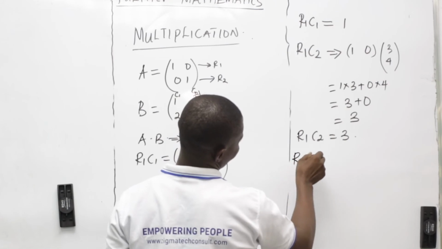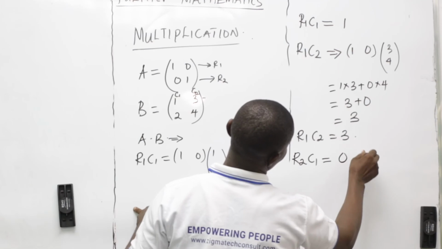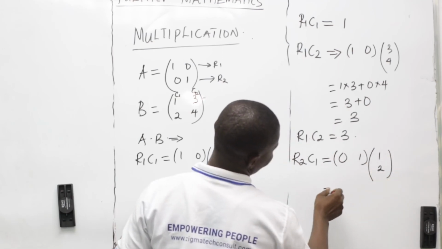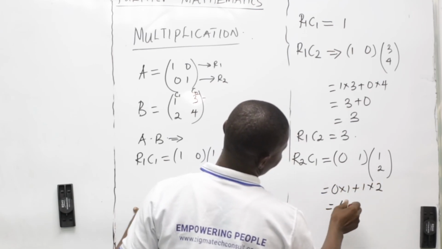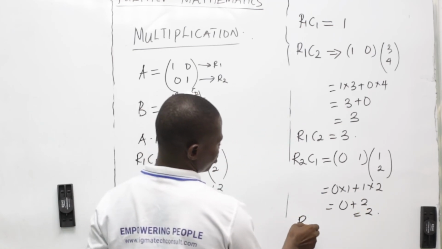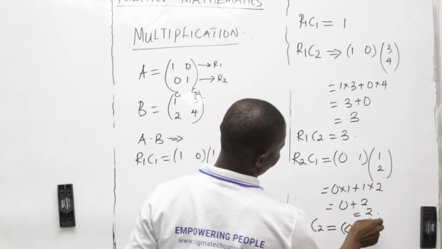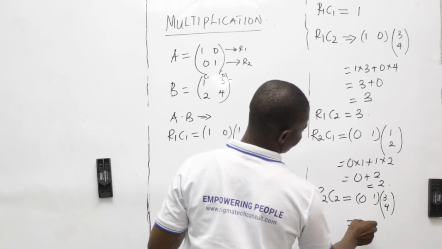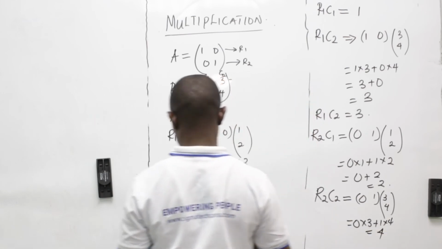Row 2, column 1 equals 0, 1 against 1, 2, which is 0 times 1 plus 1 times 2 to give us 0 plus 2 equals 2. Then row 2, column 2 equals 0, 1 against 3, 4, which is 0 times 3 plus 1 times 4 equals 4.